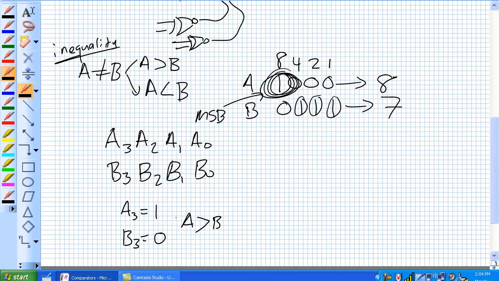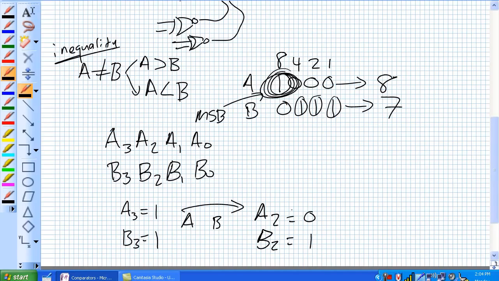Now let's say B3 happens to be a 1. In this case, they're equal, so we don't know, and you've got to look at the next position. So you go to A2 and B2; let's say A2 is a 0 and B2 is a 1.